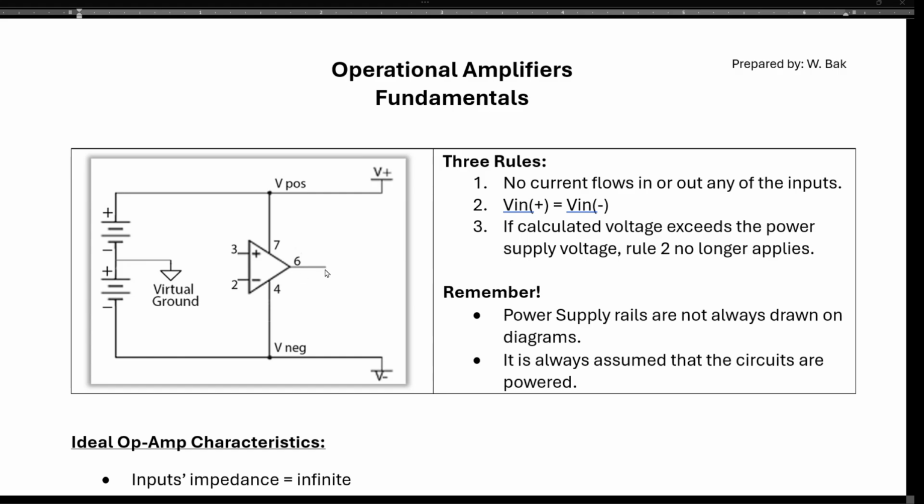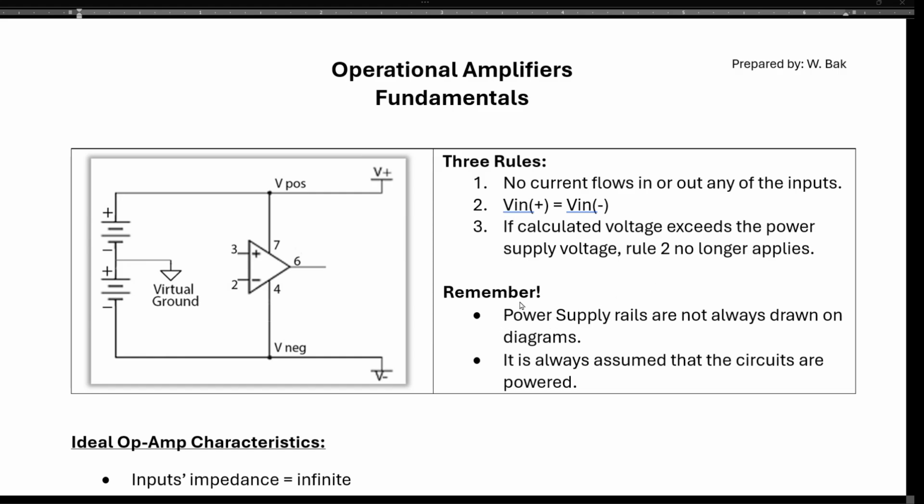Negative 20 volts is the calculated output, and negative 20 volts exceeds the negative power supply. If the calculated voltage exceeds that, then these will no longer be equal in voltage. It's just the way it is. Okay? I love saying that.